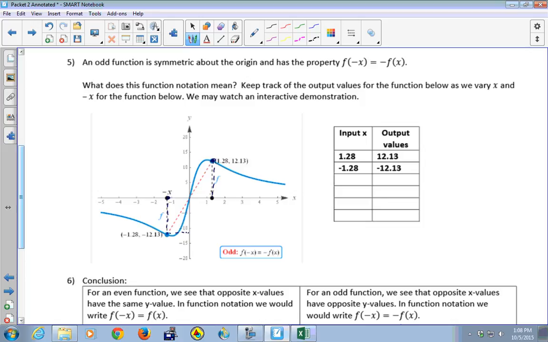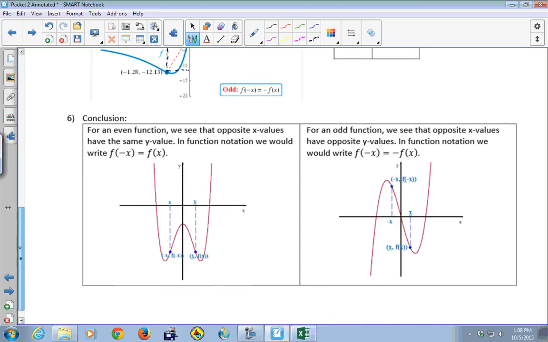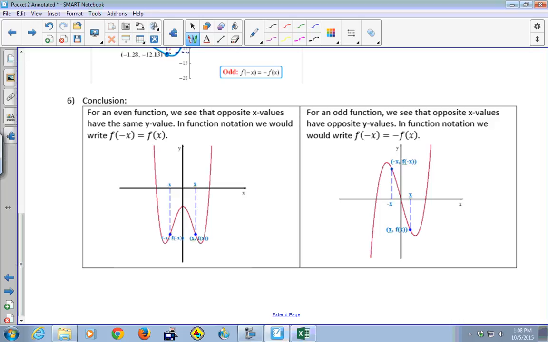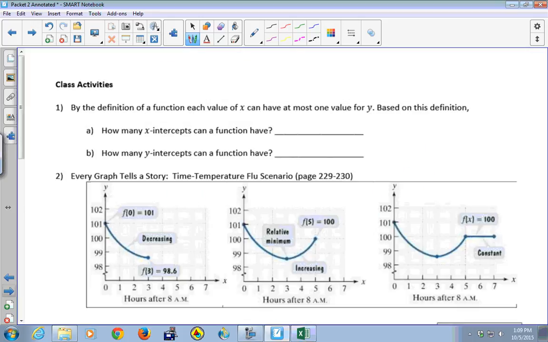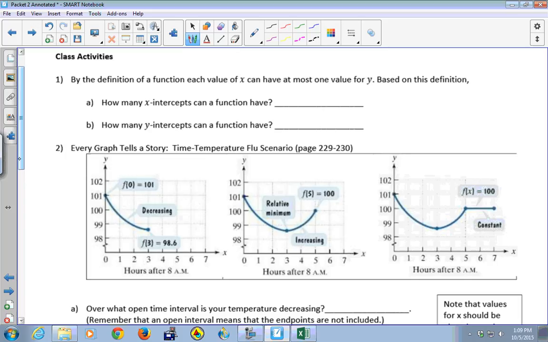With even symmetry, I would have put in 1.28 and negative 1.28 and gotten the exact same y value. With origin symmetry, you get the same value, but one's positive and one's negative. So you get opposite y values. So for our conclusion, for an even function, opposite x values give the same y value. In an odd function, opposite x values give opposite y values. Okay, so now there's going to be lots of stuff for you to work through on your own.